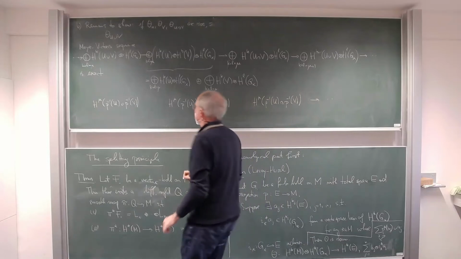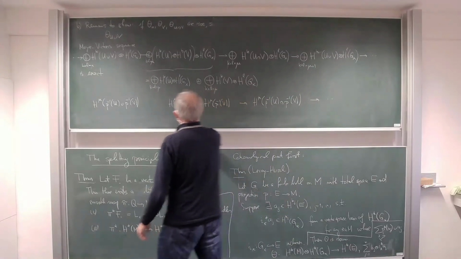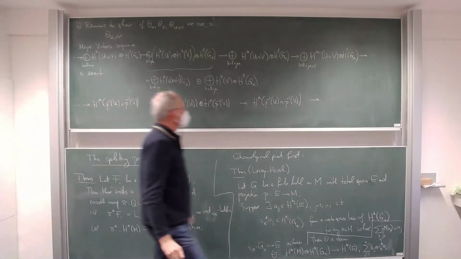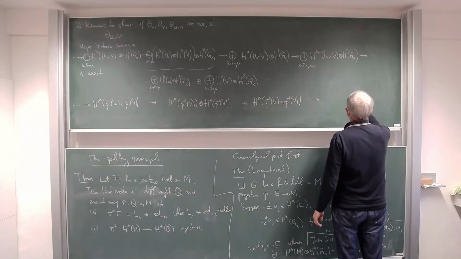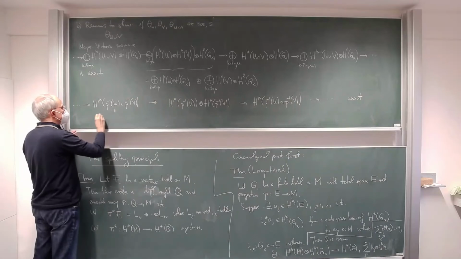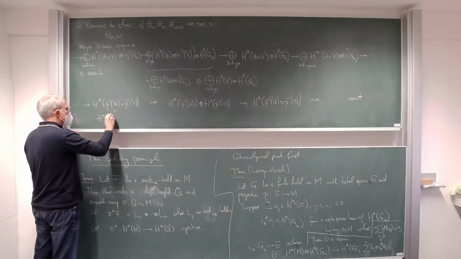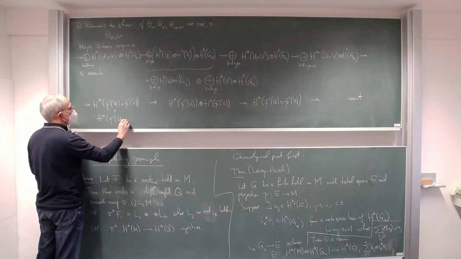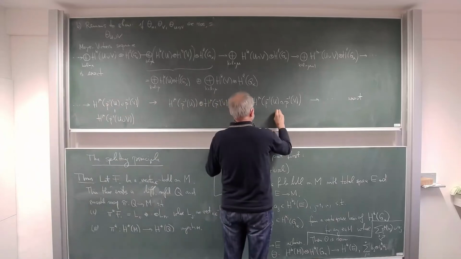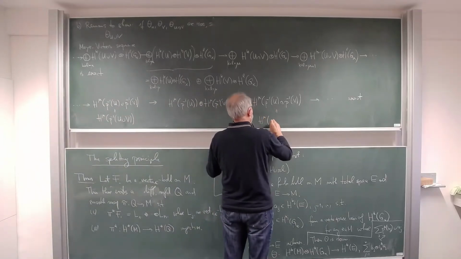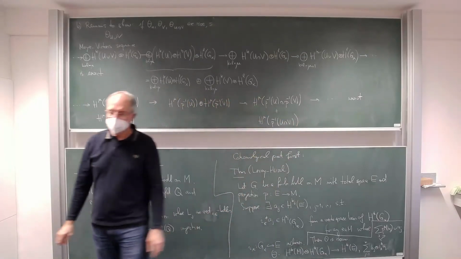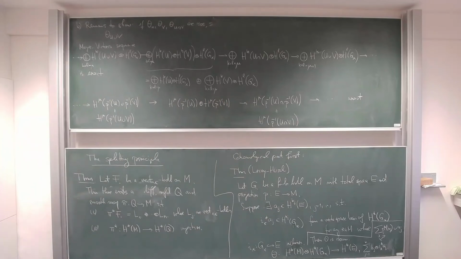So that's also exact. That's a Mayer-Vietoris sequence on the total space. It's also exact. And so we can rewrite this as H mu of p to the minus 1 of U union V, and here we can rewrite this as H mu of p to the minus 1 of U intersect V. Preimages commute with intersections and unions.